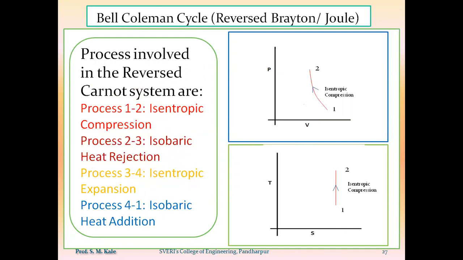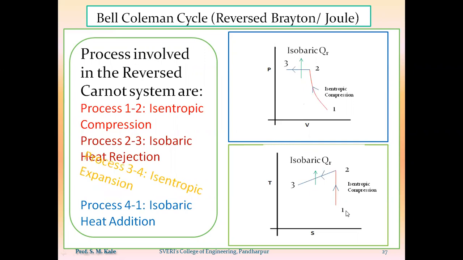That process occurs inside the cooler, and it is shown on the PV diagram by a horizontal line, 2 to 3. The same process will be shown on the TS diagram likewise.